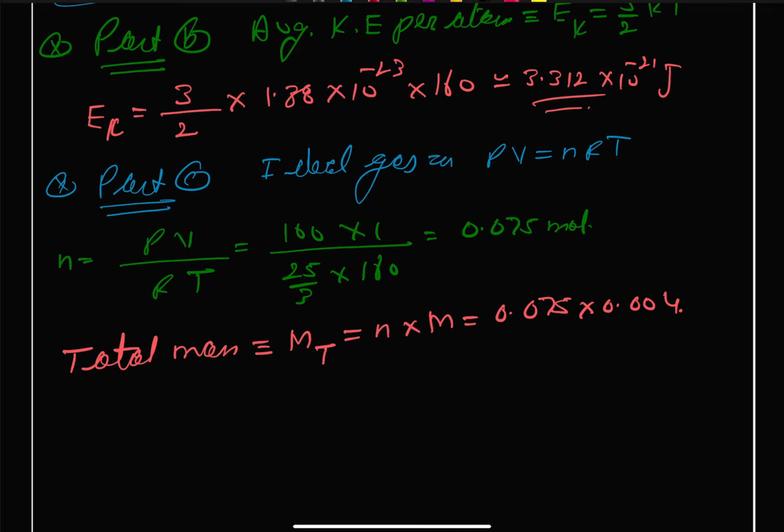So we get our total mass will be equal to 3 into 10 to the power minus 4 kg.